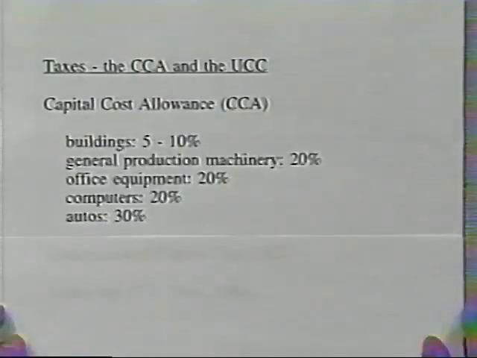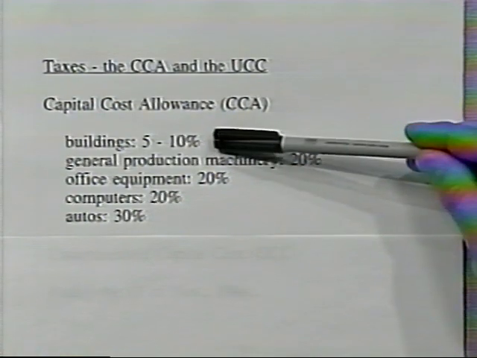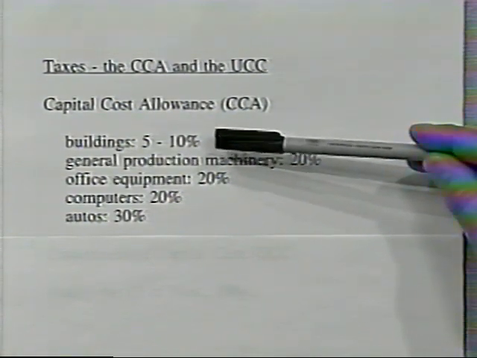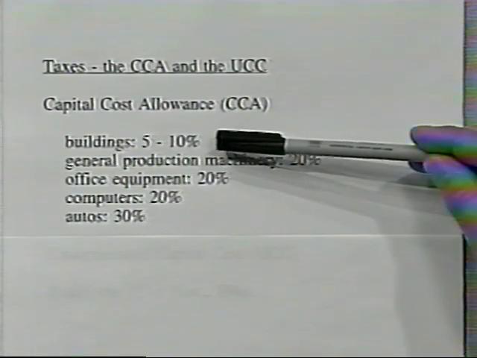The capital cost allowance is simply a specified depreciation rate that can be used for calculating depreciation for tax purposes. Now, the particular capital cost allowance depends on the kind of asset that's being evaluated. For example, buildings don't depreciate very quickly. If you build a building, it'll last for very many years without losing value very quickly.